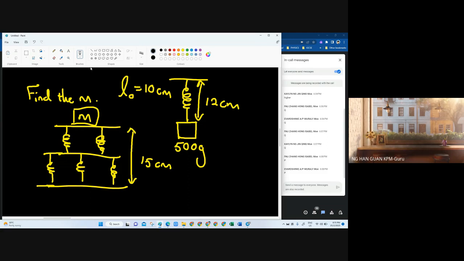I give you the hints. First, you need to know what is the extension of the spring system. The 15 centimeter is based on how many extensions. This is the first one. Second, you need to know also how much mass will make the change of 1 centimeter.